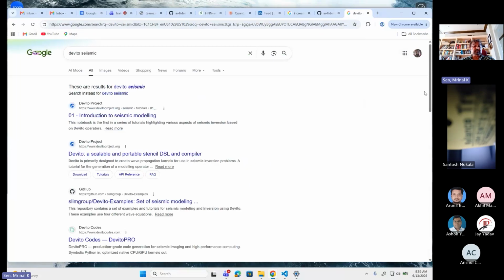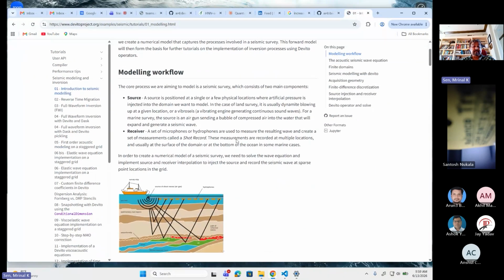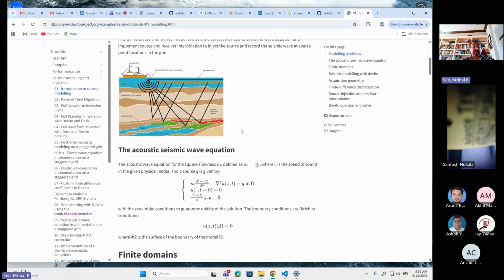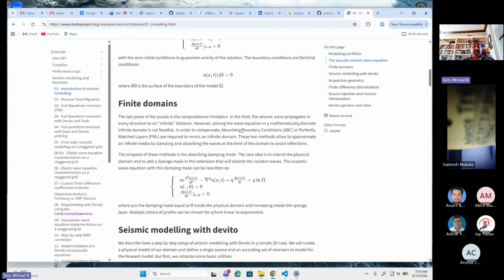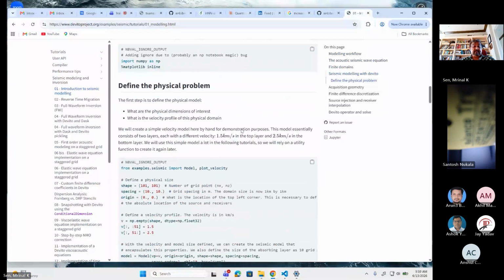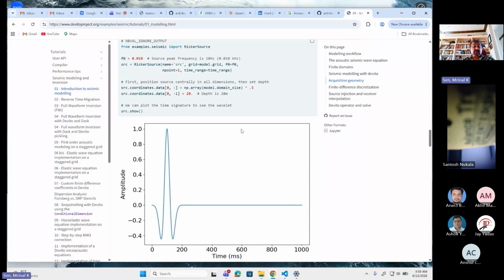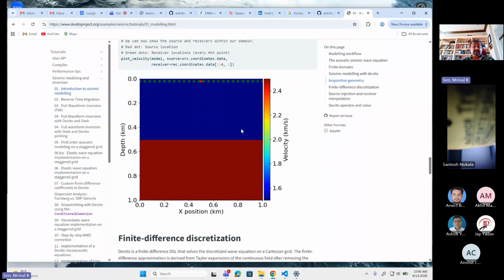It's quite simple to run it. There is a Devito project. You can just search, then you can find, especially from the tutorials, this is how they do it for acoustic, finite difference. This is doing seismic modeling and defining the physical problem, acquisition geometry, and all that stuff.